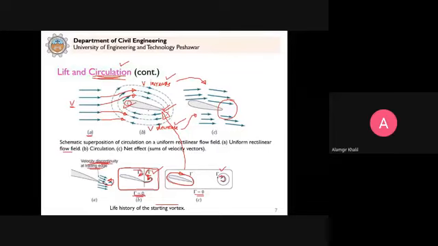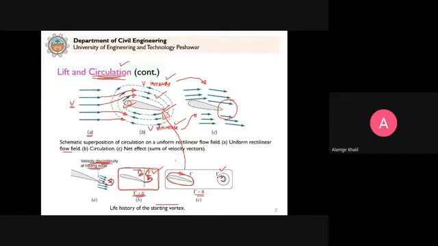When the aeroplane starts motion, this circulation will develop, and when it moves through the air, it will result in this velocity difference, then pressure difference, and then the net force that will be developed. If the aeroplane is at rest, there will be no circulation. This circulation will only develop when there is motion. So when the aeroplane is standing, we cannot expect that a lift force will be developed and it will go up in the air.